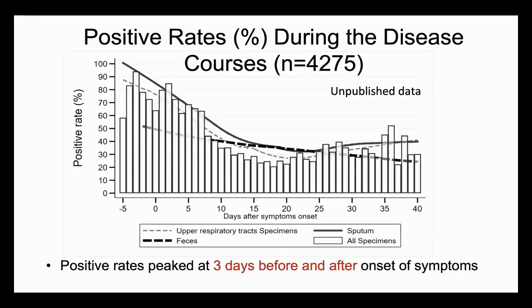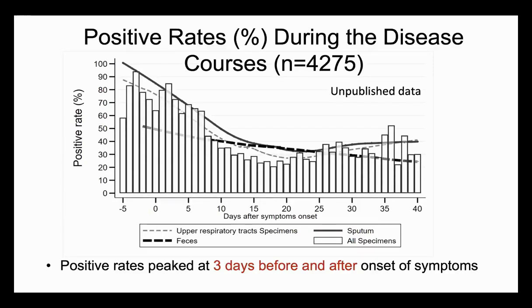So then, to elucidate SARS-CoV-2 positive rates at different disease stages, we drew daily positive rates of upper respiratory tract specimens, sputum, feces, and overall specimens between 5 days before and 40 days after symptom onset.